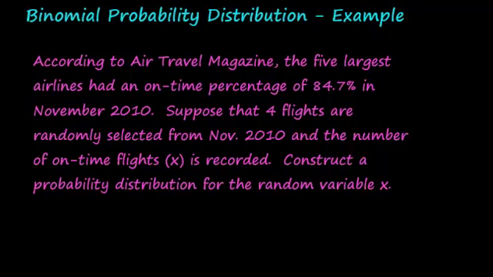So let's note what information we're given about our binomial probability distribution. All right, so we know that our procedure will have n equals 4 trials. We'll have 4 trials in our procedure.